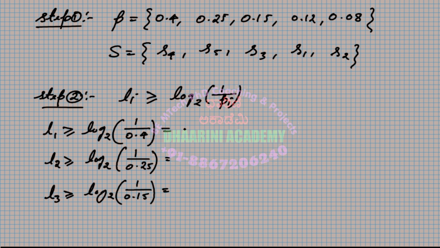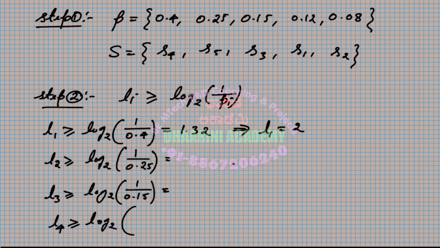So the first one, L1 comes to be 1.32. So what we do, we take L1 to be equal to 2. Next value is 0.25. What happens to the log to the base 2 of 1 by 0.25? Exactly 2.